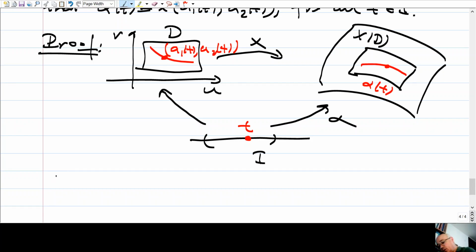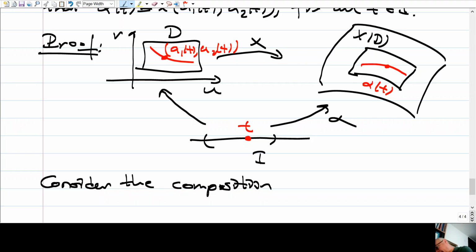Well, it's very simple. Just consider the following composition. X is a homeomorphism, so it has an inverse. Consider the composition. First, I go with alpha and then by X inverse.